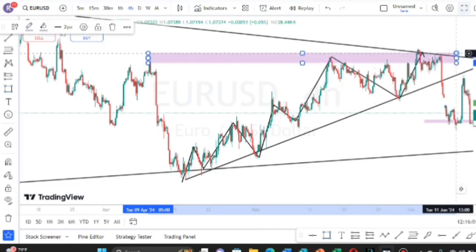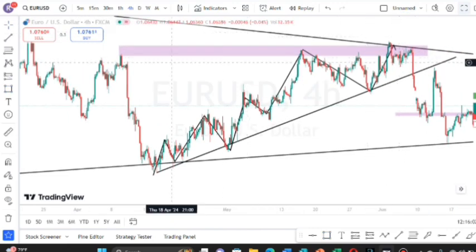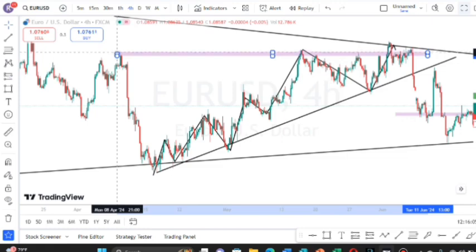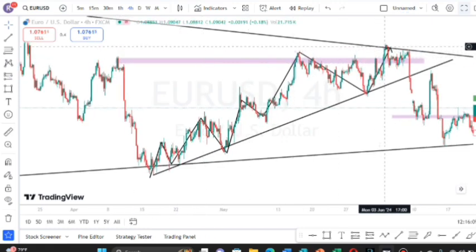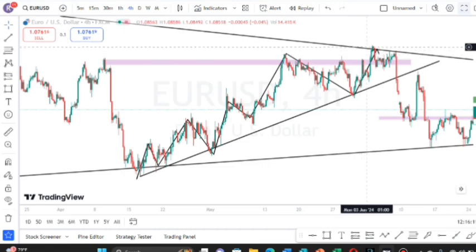The market tended to break this supply zone in order to reach this trend line. So this was like a fake out. Then the market continued with the downside move.